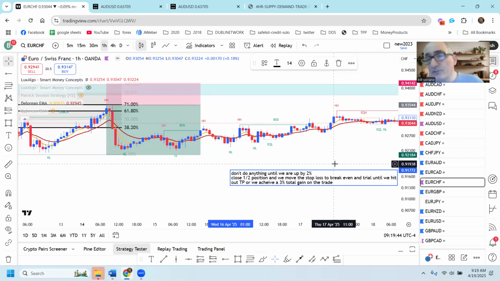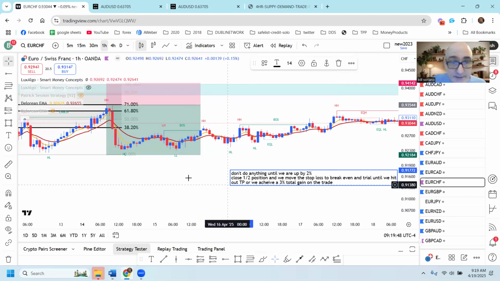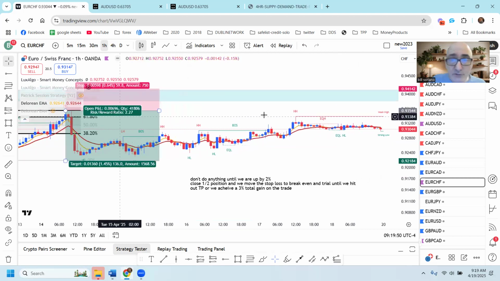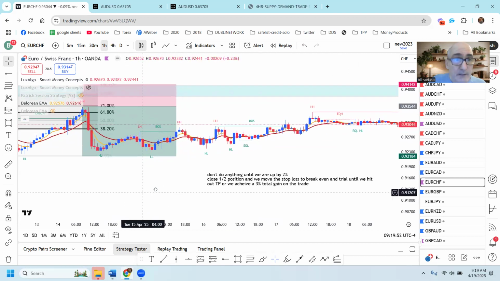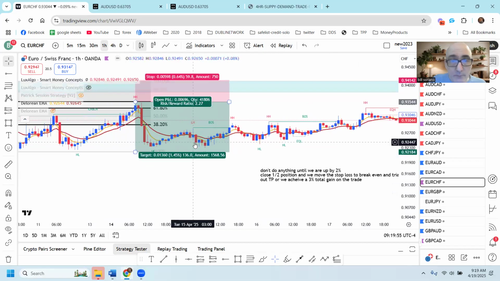So I'll be able to show you this in our winning trade from this week. But essentially, on this trade right here, okay, when price comes down to here, we would want to exit half that position, right? So now we're up 2%, or in this case, about $2,000.